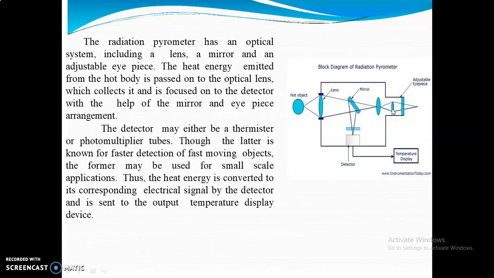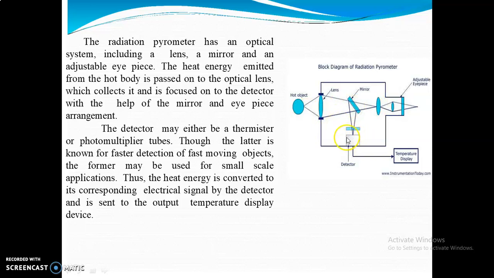The heat energy emitted from the hot object enters the lens, then is focused through the mirror section, and here we have a detector. Whatever rays come out are collected by the detector, and with the help of the mirror and eyepiece arrangement we can see the radiation coming out from the hot object.